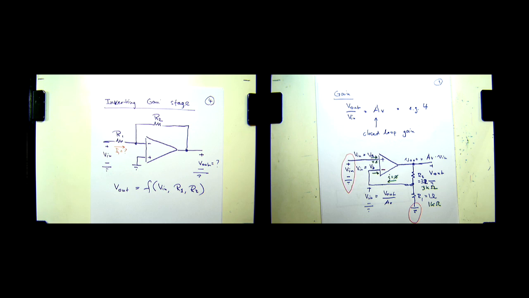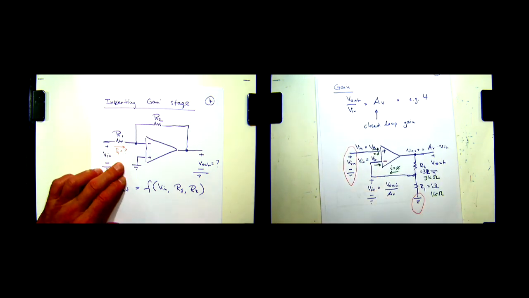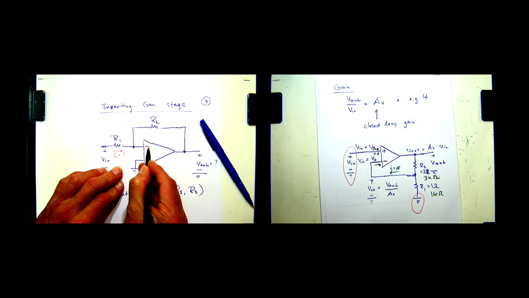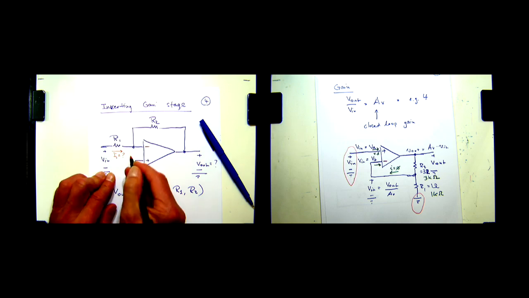So we have negative feedback. Then what was this big rule about these two voltages? They're the same, right? They're equal, meaning this voltage here is also equal.